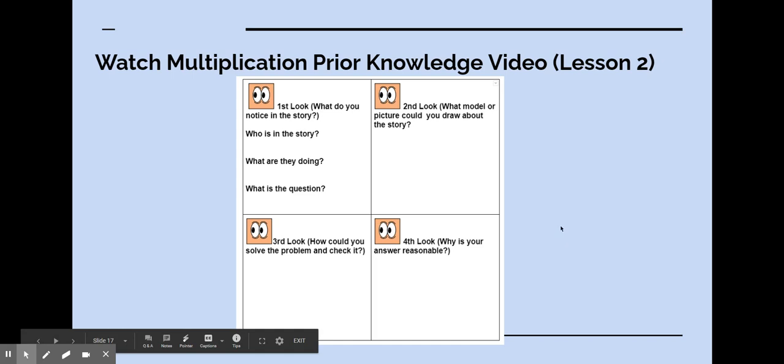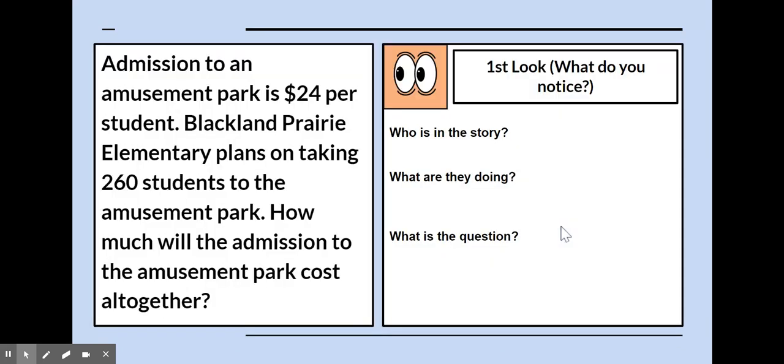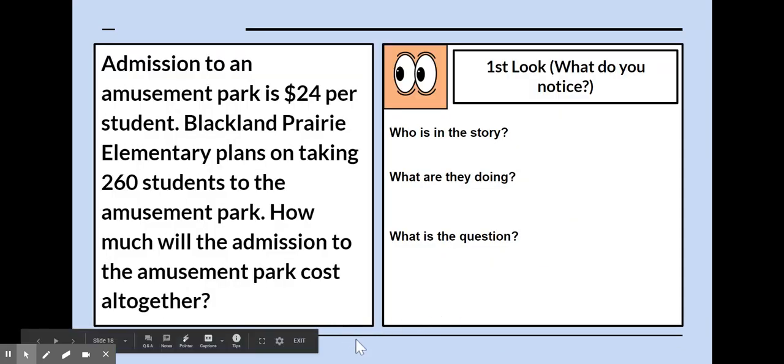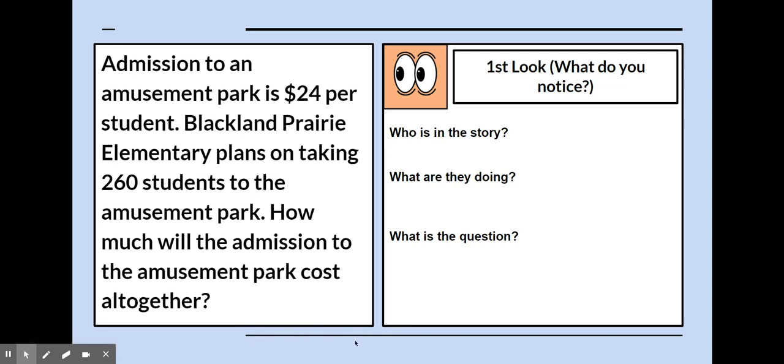Now, let's put our four-look strategy into practice for a multiplication word problem. Here is our word problem. Admission to an amusement park is $24 per student. Blackland Prairie Elementary plans on taking 260 students to the amusement park.